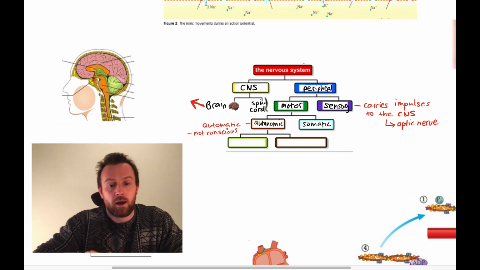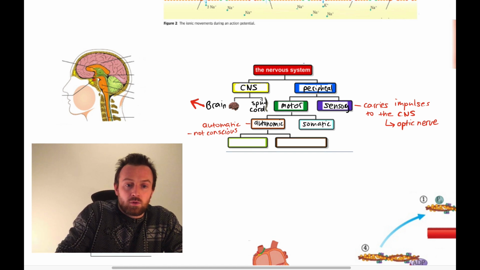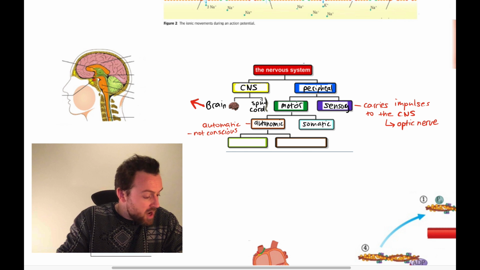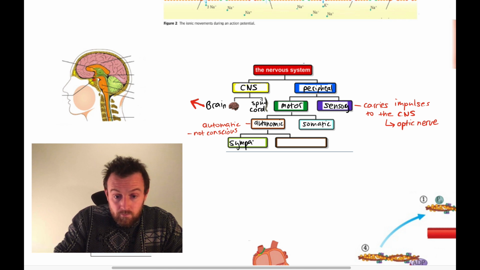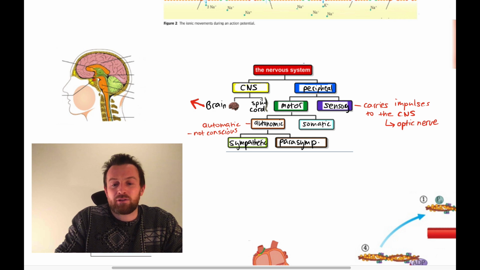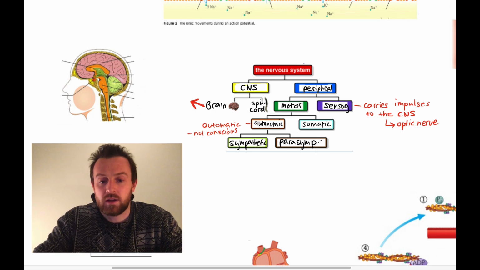And we can divide it up into two key branches. We've got the sympathetic and the parasympathetic. So let's write sympathetic here and parasympathetic. So same spelling, parasympathetic. I've just shortened it there.